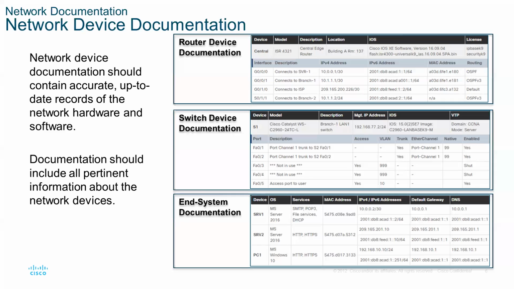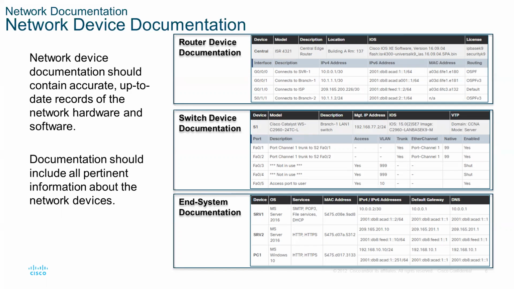You rinse and repeat for all your various types of devices. So the next example here is on a switch. We have the port numbers, the description of what it's connecting to. So in this case, it's a trunk. And then it will tell you what port channel it belongs to, if it's a part of an EtherChannel or whatever version you're running.